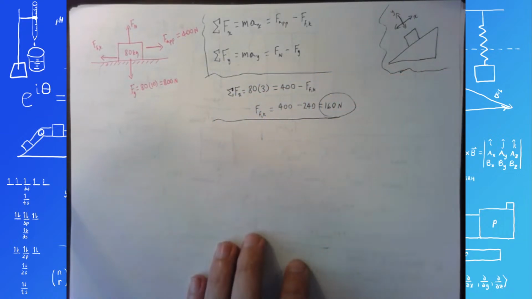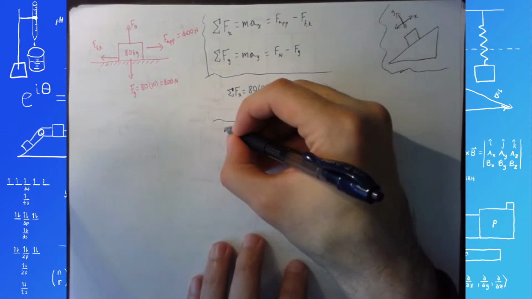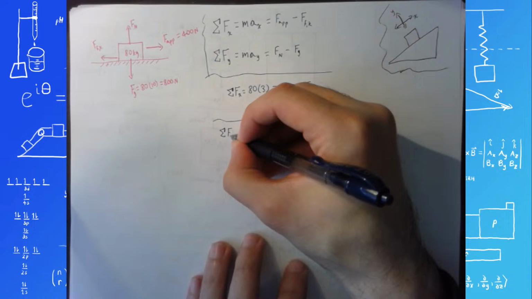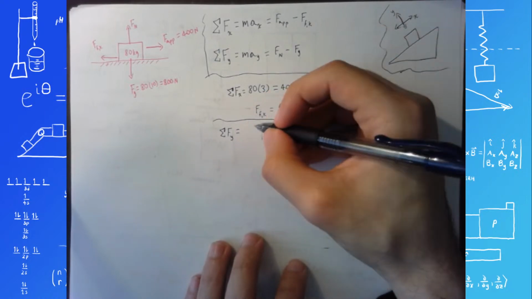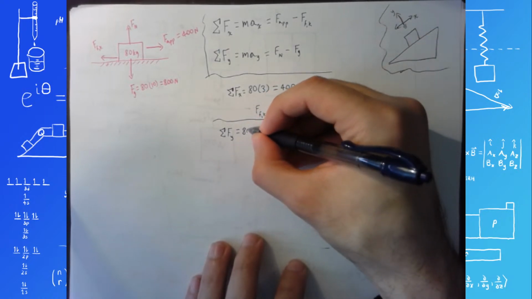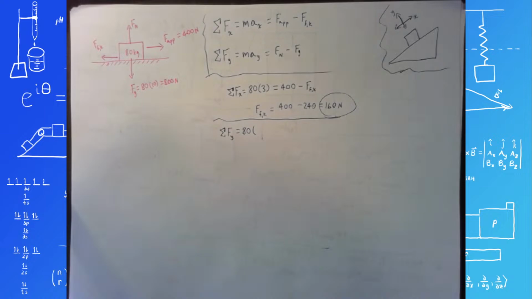For part A, net force vertical, what is the acceleration in the vertical direction? The mass is 80 times acceleration in the vertical direction. Well, all they told us was that the box accelerates to the right at 3 meters per second squared.